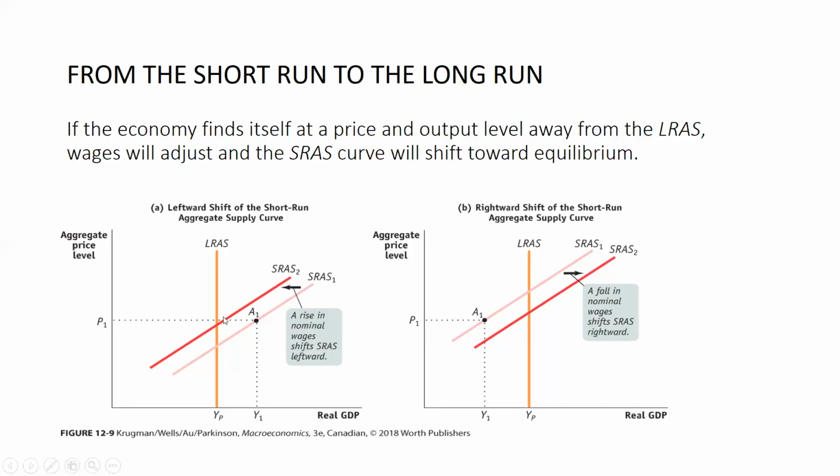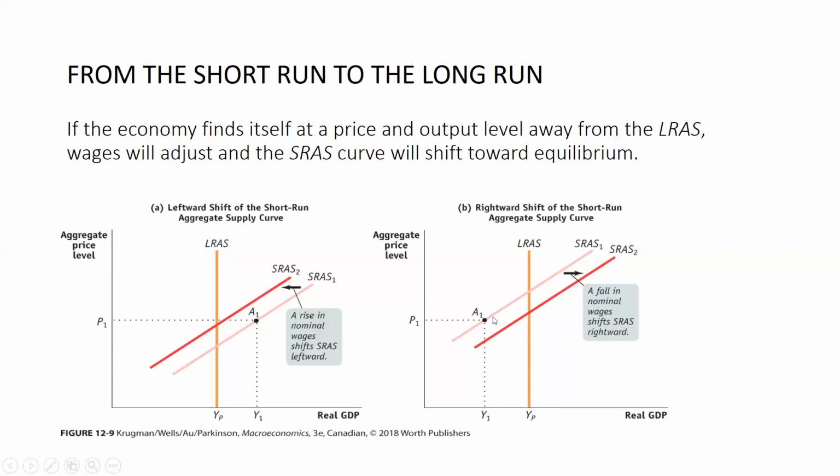In the short run, maybe wages cannot adjust, so we may be here, but then wages adjust, wages go up, and they push the short run supply back to the long run value. Similarly, if you are at a point below the long run potential output, then you're producing less than capacity. There will be empty factories, there will be unemployed workers.